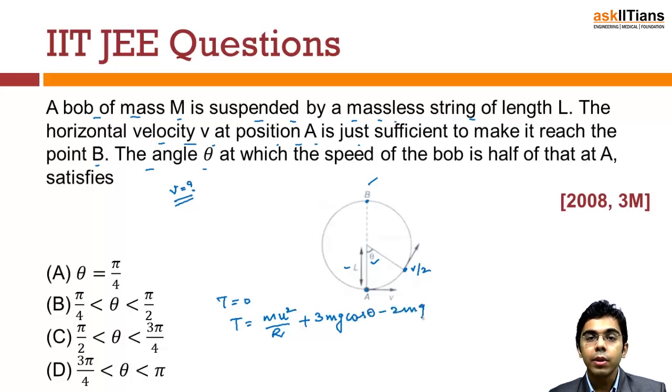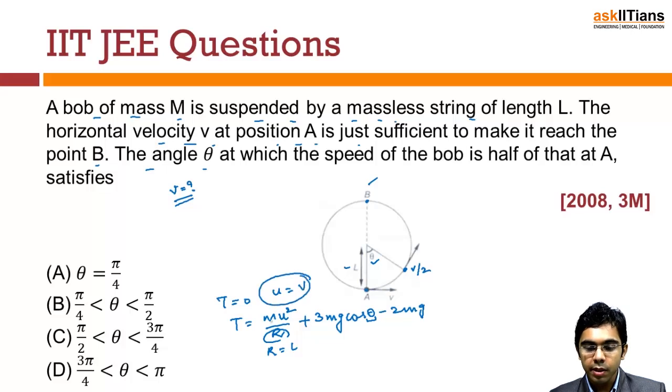Since we are talking about this point A and point B, theta will be 180 degrees after the bob reaches point B. So theta will be 180 degrees, tension will be 0, and R here is L according to this situation, and u is the speed at point A. So it will be v.